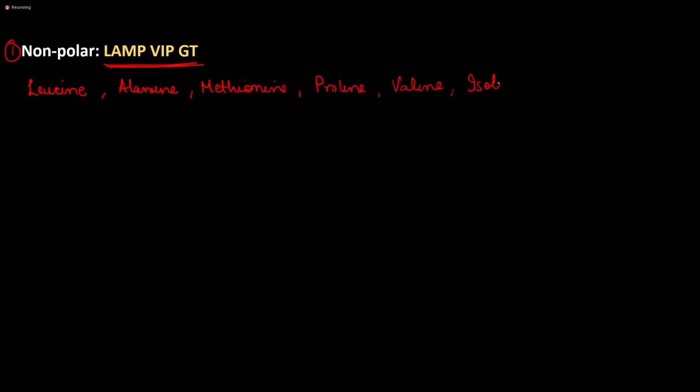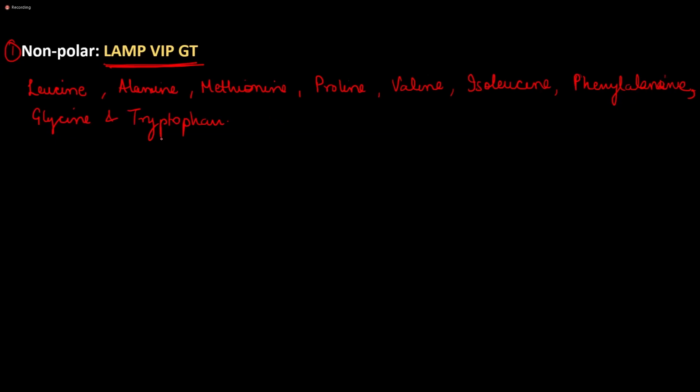I stands for isoleucine, P stands for phenylalanine, and lastly, G stands for glycine, and T stands for tryptophan. So these are non-polar amino acids.